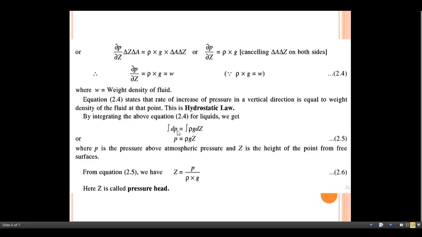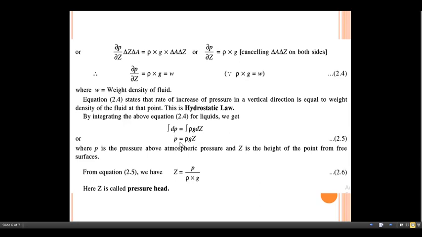So instead of writing del P and del Z, we can write dP and dz. After integration, we get the following. We considered ∂P/∂Z for the small element, and we add all those small elements, taking the integration for the pressure at the various points.